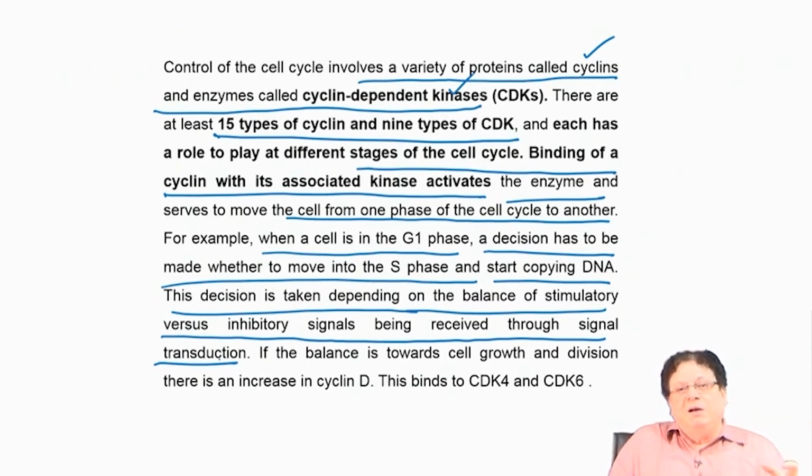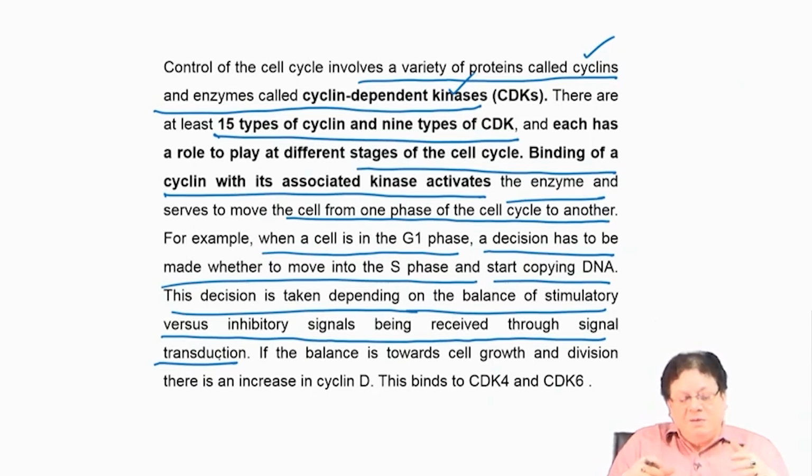The decision depends on whether there is a need for growth or a need for inhibition of growth. So, it depends on the various signal processing and ultimately the balance of that. Balance means what is the overall direction, whether to move forward or stop there.